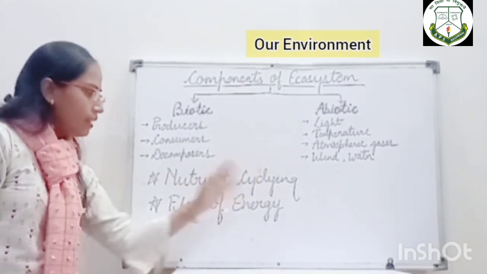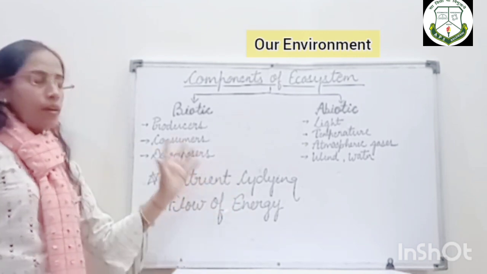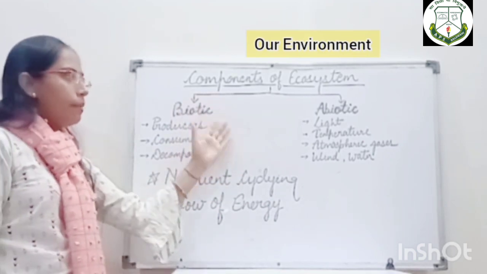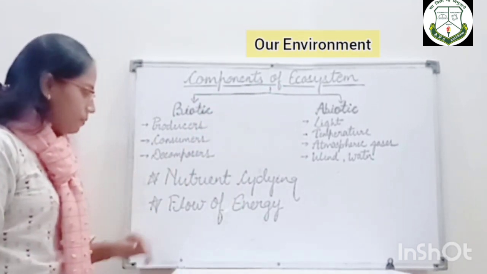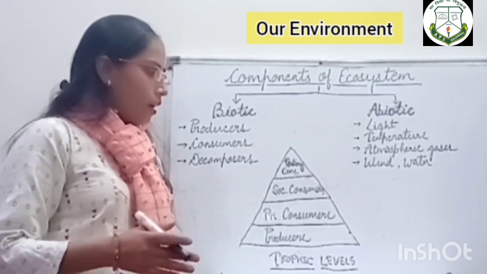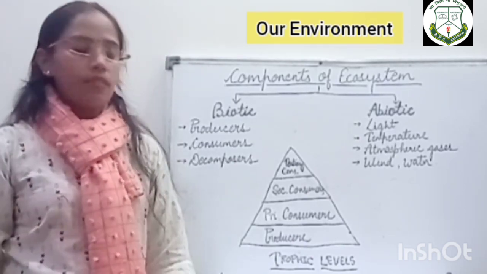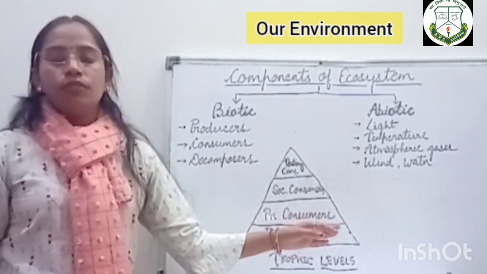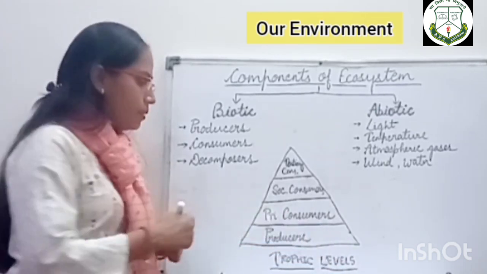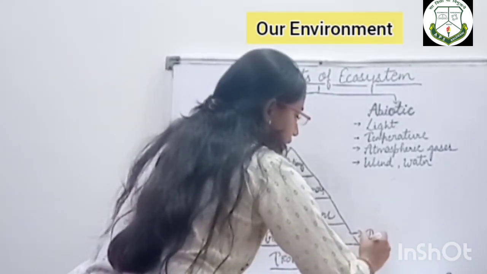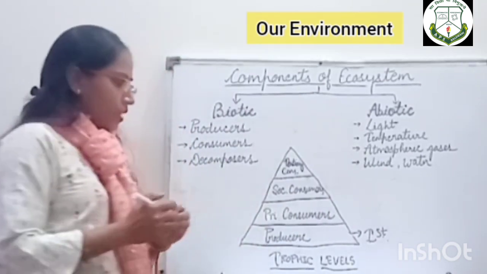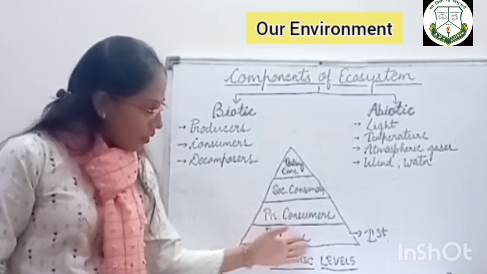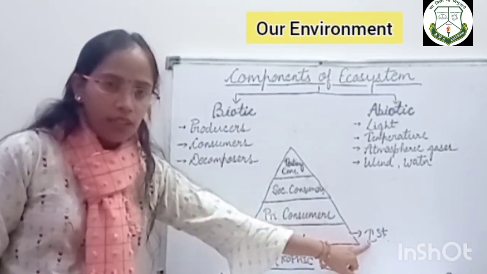The nutrient cycling and the flow of energy are between these two components of our environment, abiotic and biotic. Transfer of food or energy occurs in various steps that are known as trophic levels. So the producers are always present in the first trophic level. Producers are the green plants. They are autotrophs. They make their own food and they come under the first trophic level.